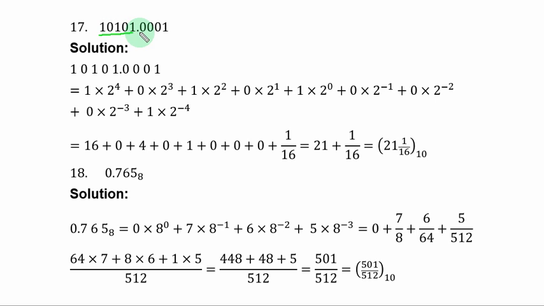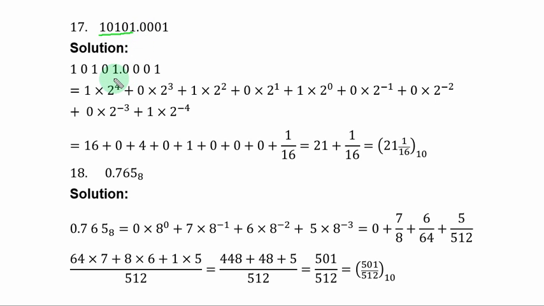And you know, when we are converting to base 10 like this, first thing we do is to assign the position value or place value to each digit. After doing that, you multiply each digit by the base number 2 and attach the position value to the base number.